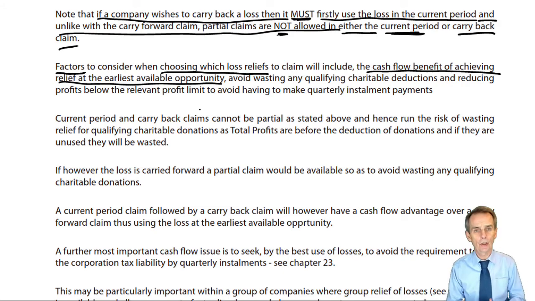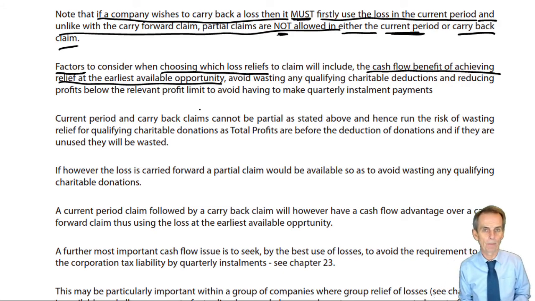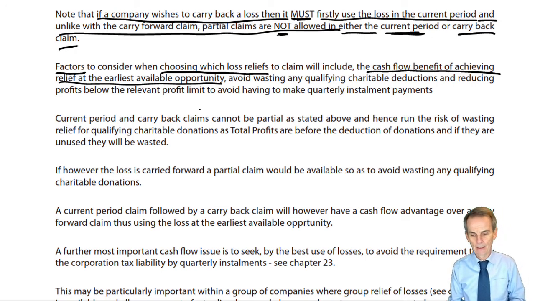The earliest you could use it is in the next accounting period following the loss-making period. The tax for that period would be due again, let us assume, 9 months and 1 day after the end of that period. So it's quite a ways into the future that you have to wait till you get any tangible benefit out of the unfortunate trading loss that you have just sustained.